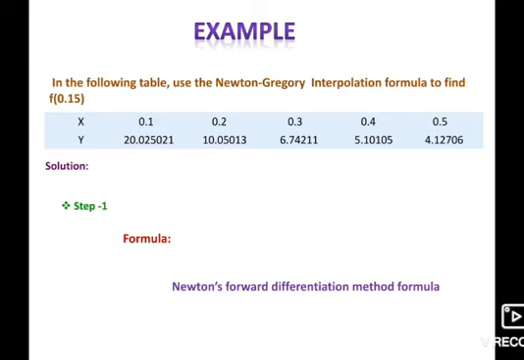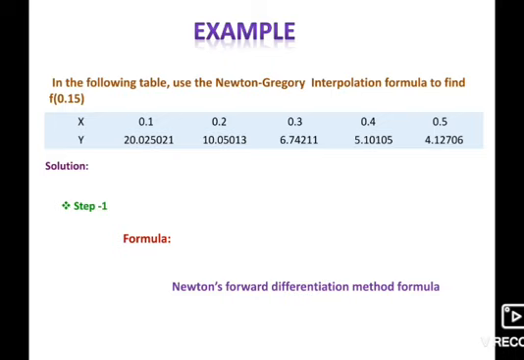When you split the data into two halves, the first half is 0.1 and 0.2, the middle value is 0.3, and the second half is 0.4 and 0.5. So 0.15 lies between 0.1 and 0.2, in the first half of the given data, and we can use the forward difference formula for this problem.